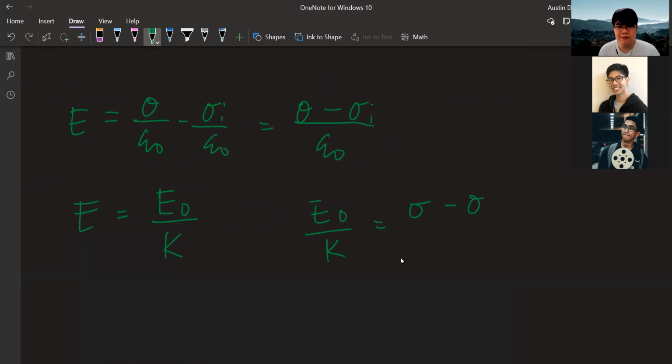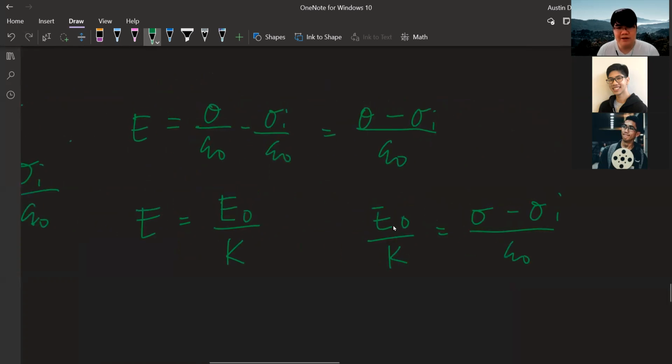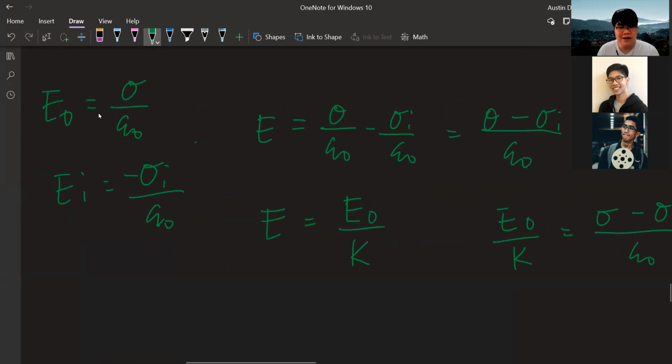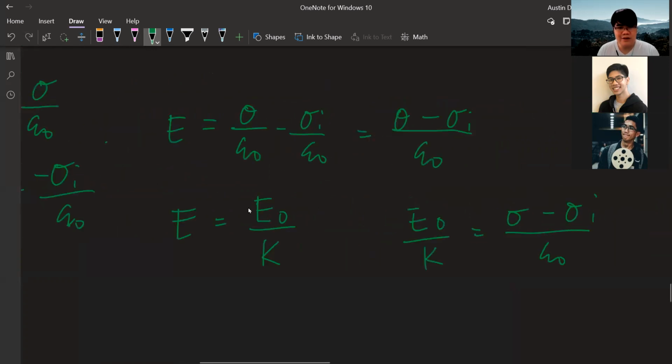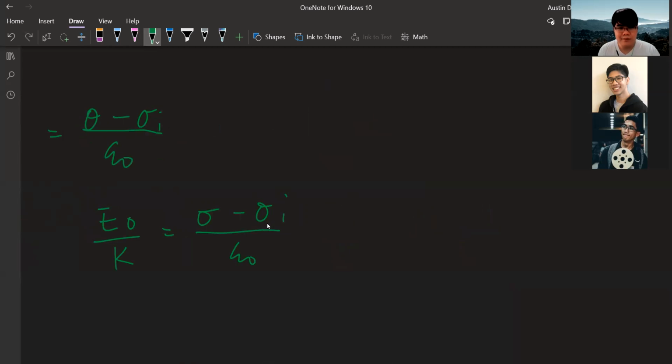Sigma minus sigma I over epsilon naught. Yung E naught ko, yung electric field ko without anything would be sigma over epsilon naught. So this is sigma over K epsilon naught. And epsilon naught cancels out.